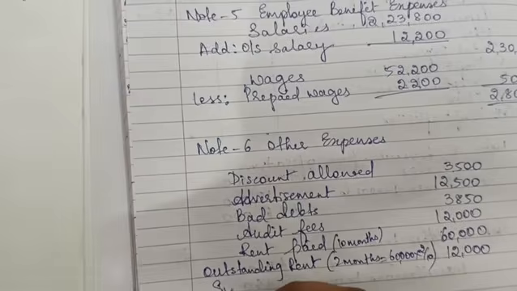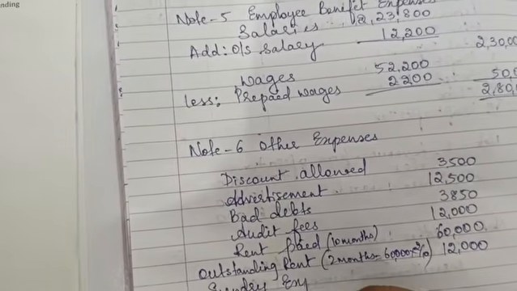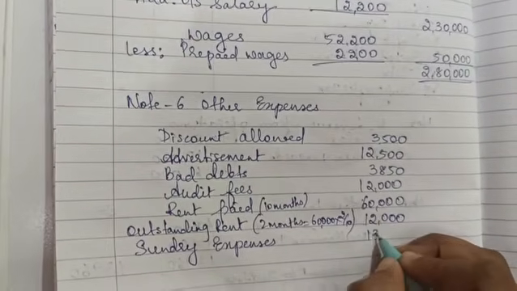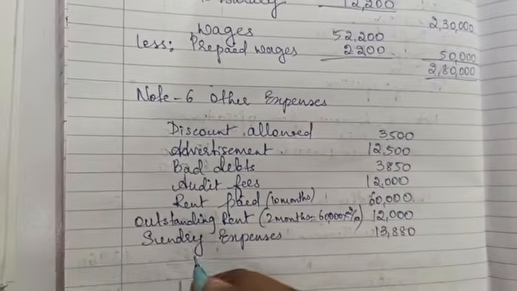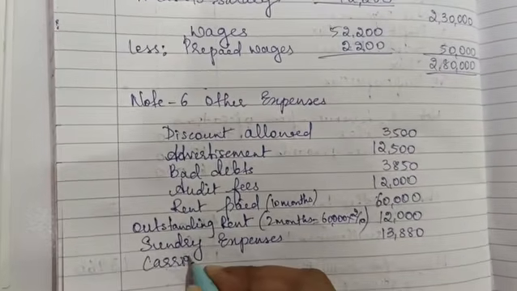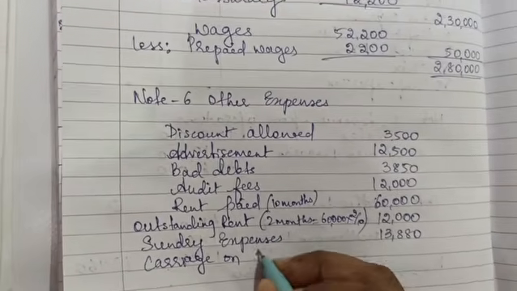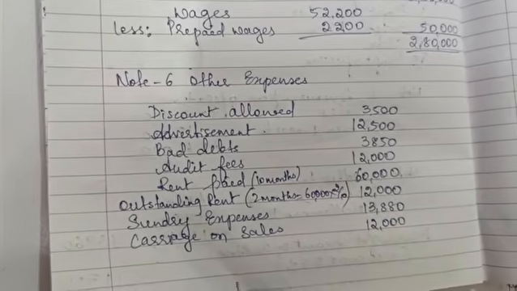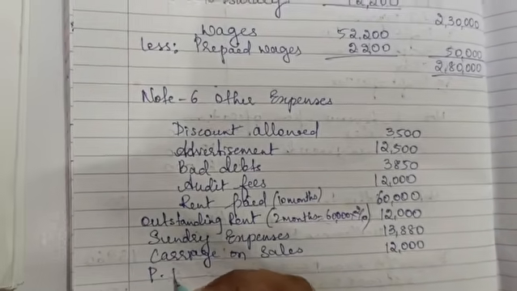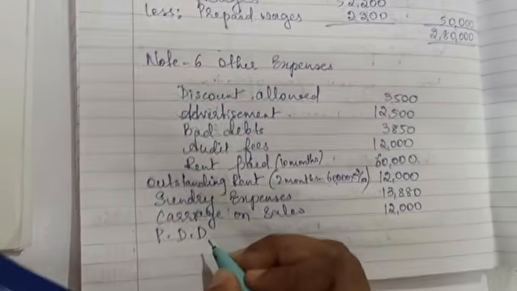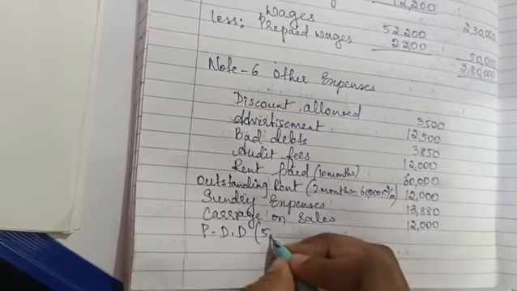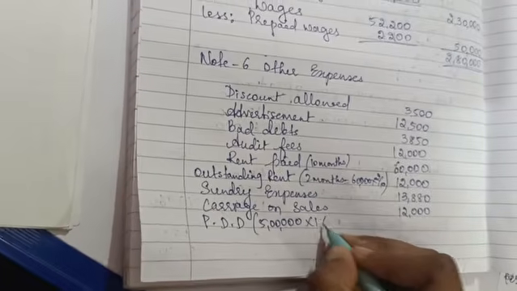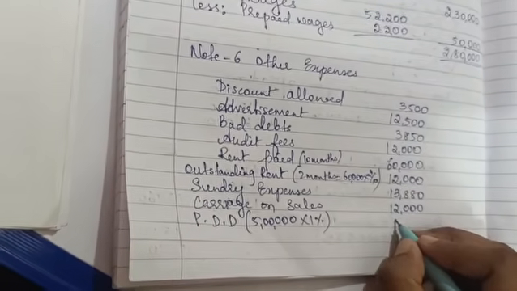Then we have sundry expenses. Sundry expenses, that is 13,880, and we have carriage on sales, that is 12,000, and finally we have PDD, that is provision for doubtful debts, which already we calculated on debtors. Our debtors are 5 lakhs. 5 lakhs into 1% would be 5,000.